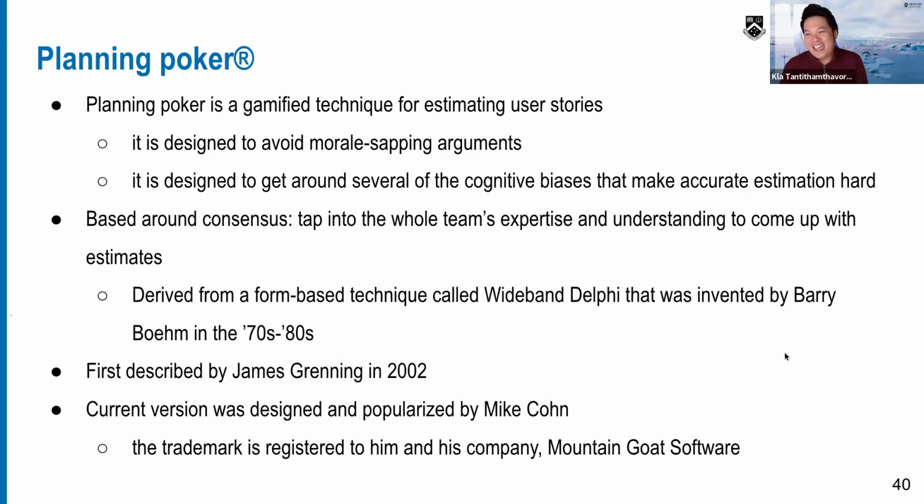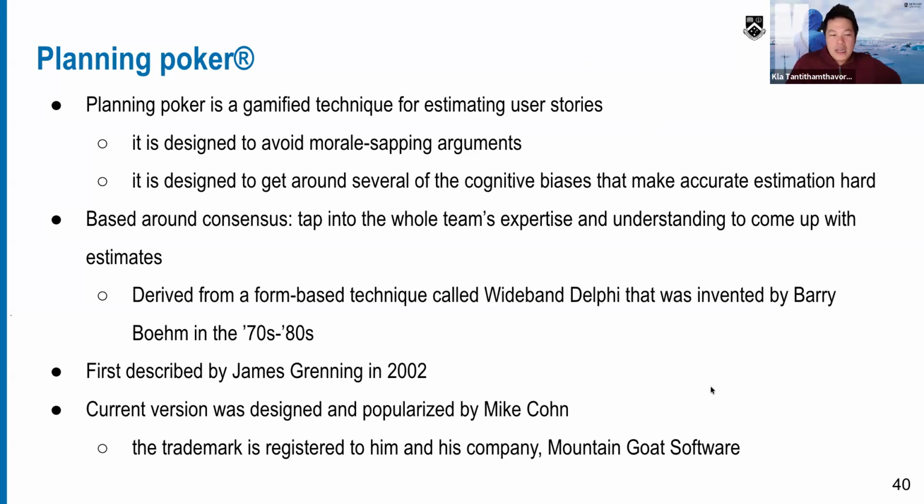We don't need to do that. It is designed to get around several of the cognitive biases that make accurate estimation hard. Planning poker is based on the consensus of the team, so everyone needs to agree on the user story.